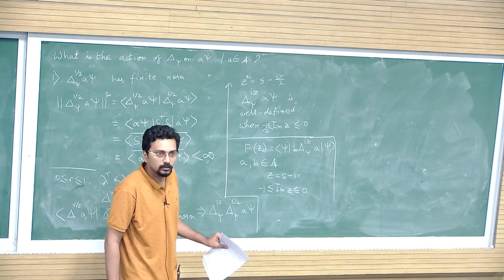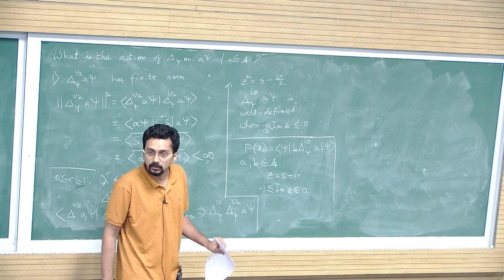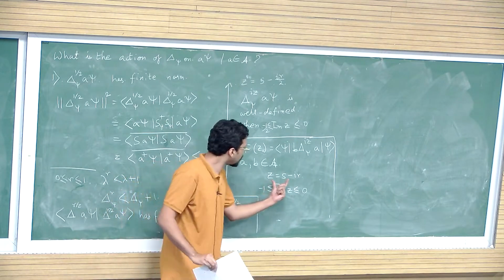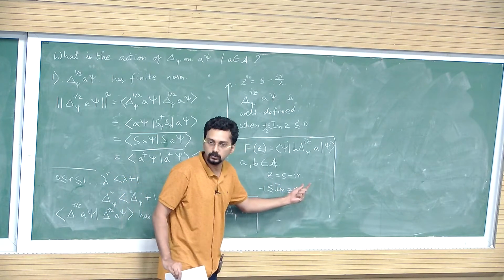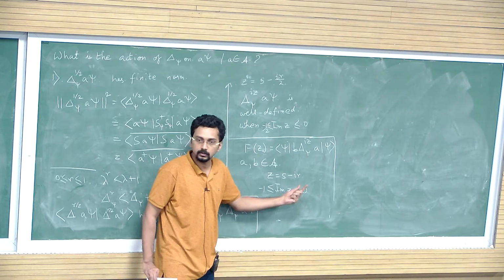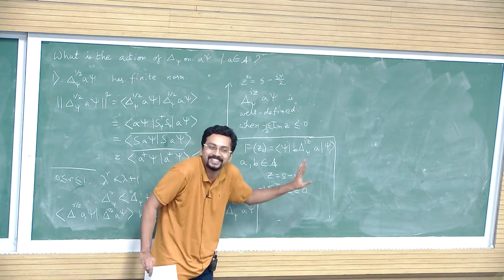Any need to change it? No, imaginary part of Z now is just R, not R by 2. Yeah, agreed, but same notation. Any specific need of changing that? No, there is no specific need of changing that.